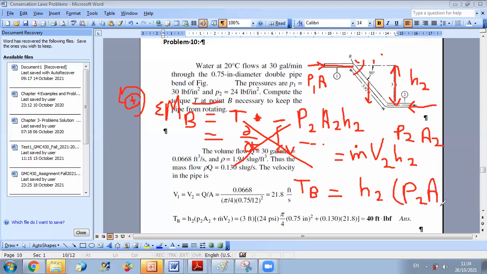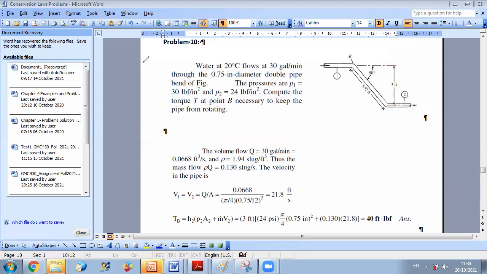And now since you have all these parameters, you are ready to perform your calculation. So all you have to do is to replace these values numerically, and in this way you will be done. Any question on this?